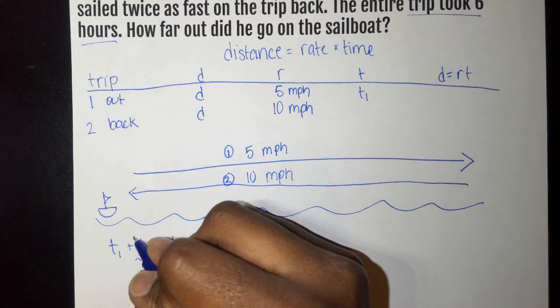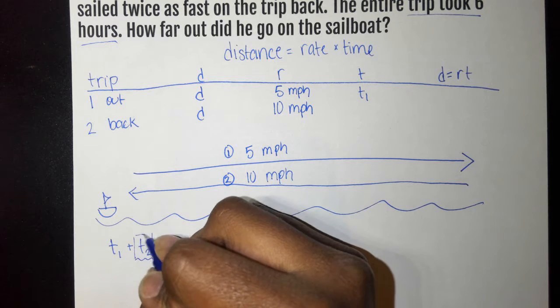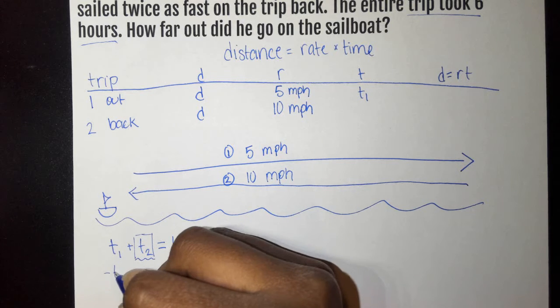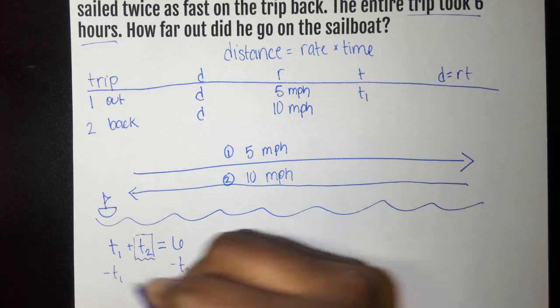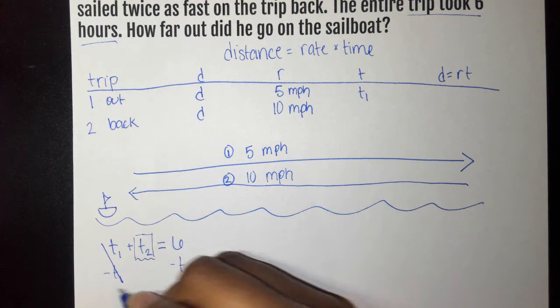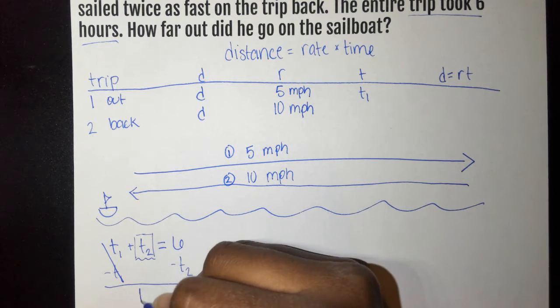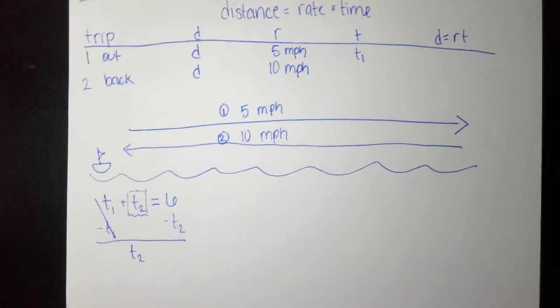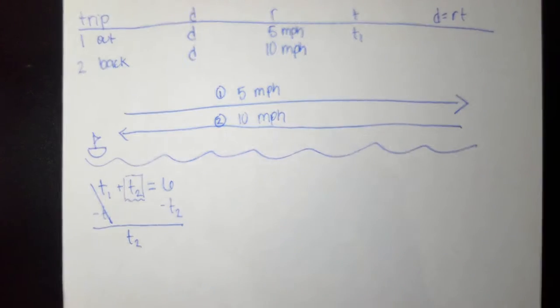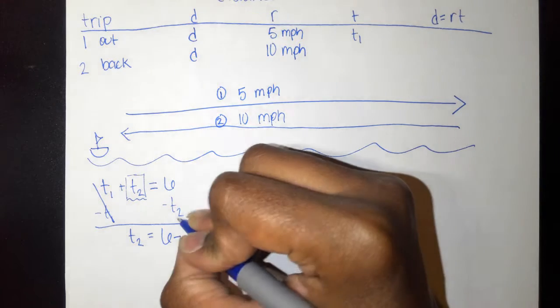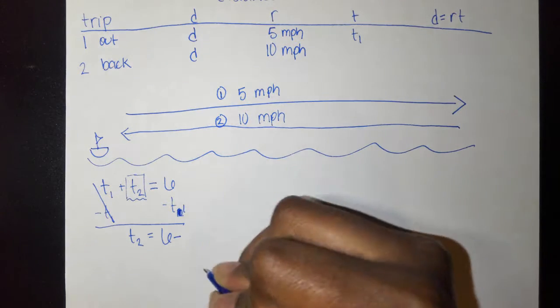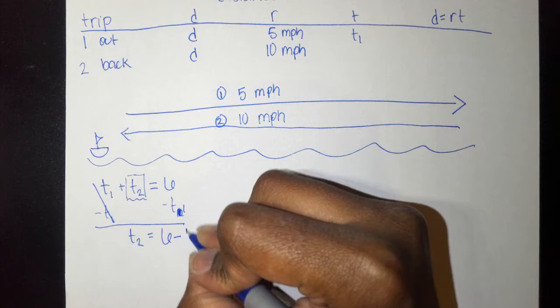So in order to get time 2 by itself, I need to get rid of time 1. So I'm going to subtract time 1, but if I do it on one side, I need to do it on both sides. So those will cancel out, and I'm left with just time 2, which is exactly what I wanted. And then on this side, I have 6 hours minus time 1. So that's 6 hours minus time 1.